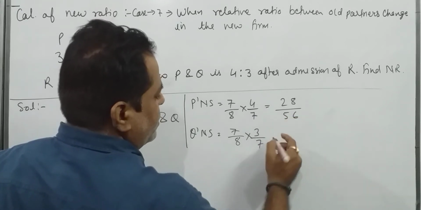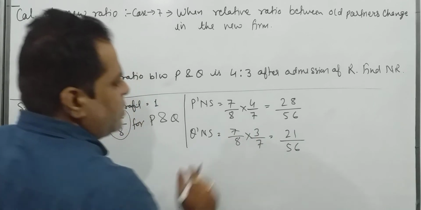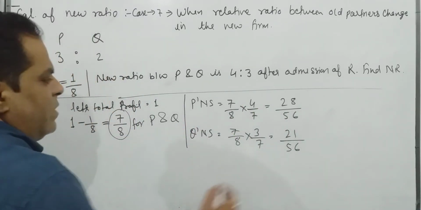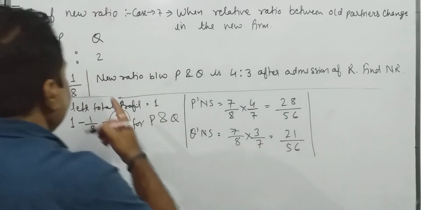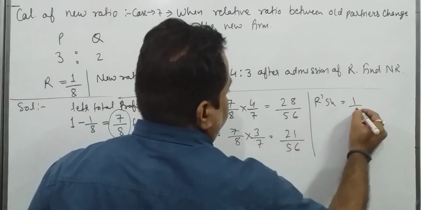This is P's new share. This is Q's new share. And we know the share of R: R's share is 1 by 8.